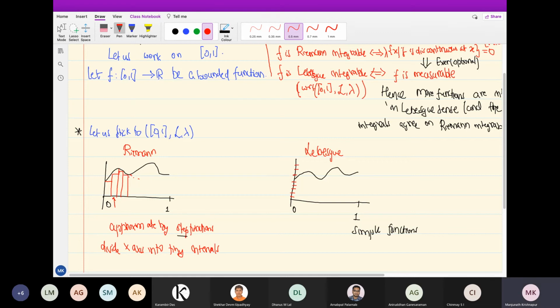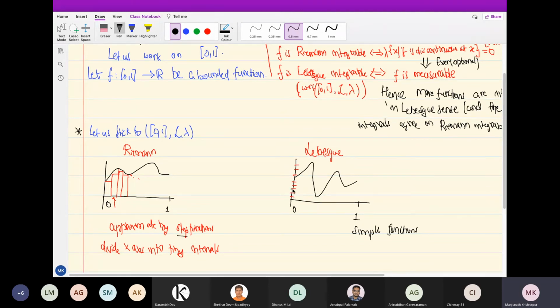Okay, and this function doesn't look good enough, so let me just draw a different function. So suppose my function looks like this. Okay, so what Lebesgue is doing is approximating. How do you approximate it with simple functions? Okay, so you divide the y-axis into small intervals.